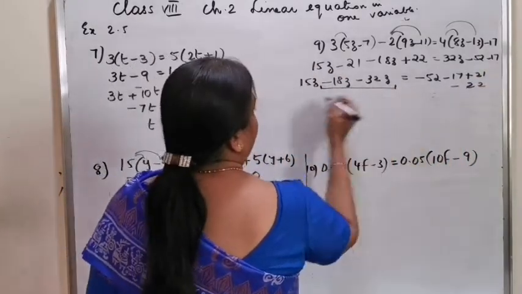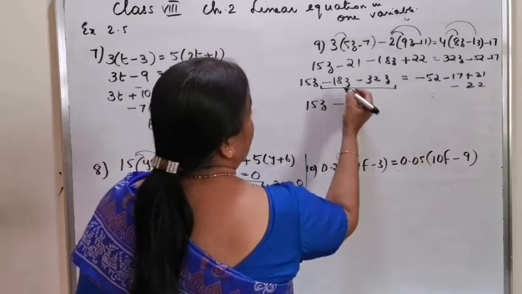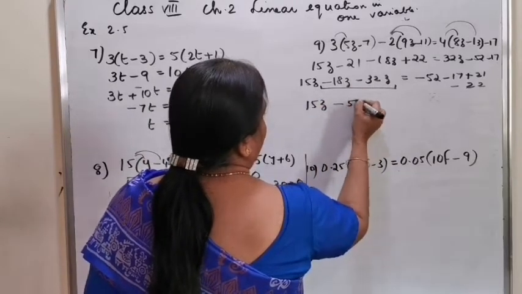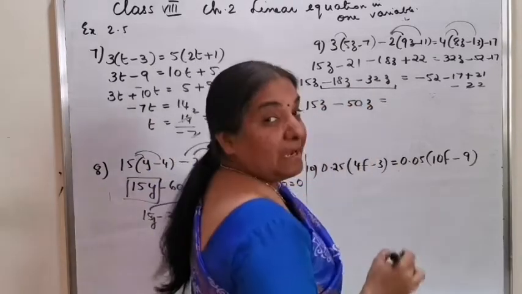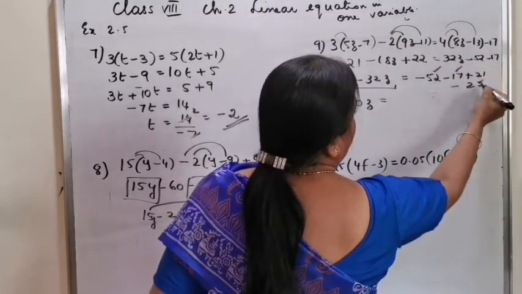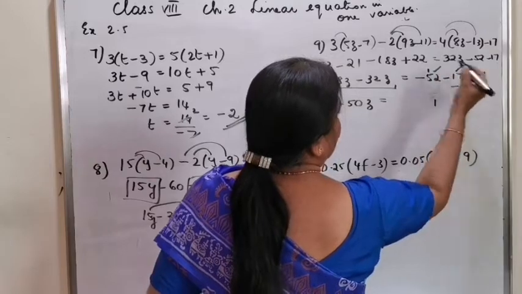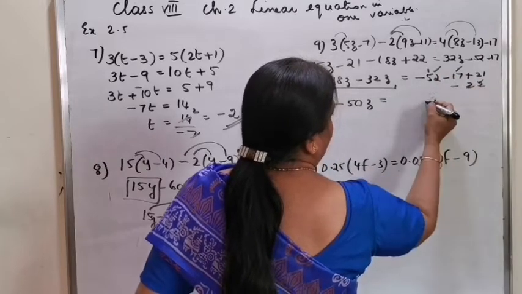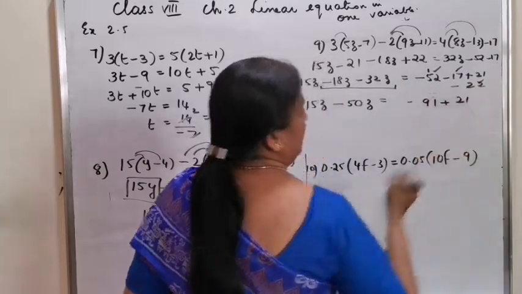Add the negative numbers: 15z minus 18z minus 32z, 8 plus 2 is 10, 50z, is equal to, add the negative numbers, 7 plus 2 is 9, 9 plus 2 is 11, 1, 5 plus 1 is 6, 7, 8, 9, minus 91 plus 21.